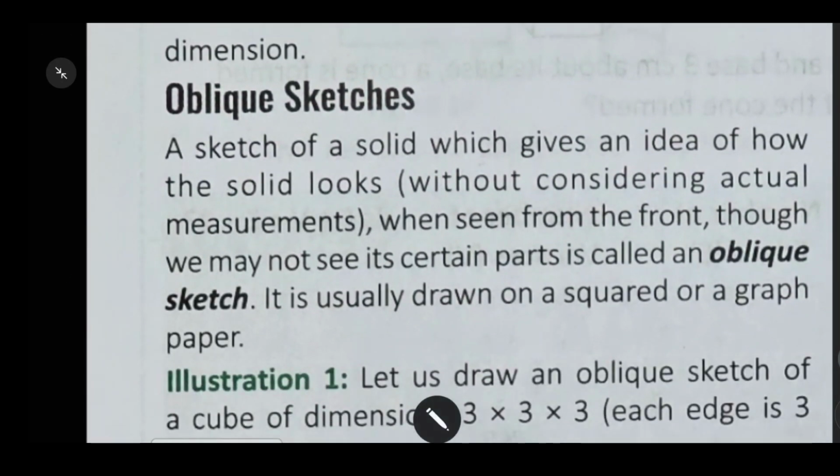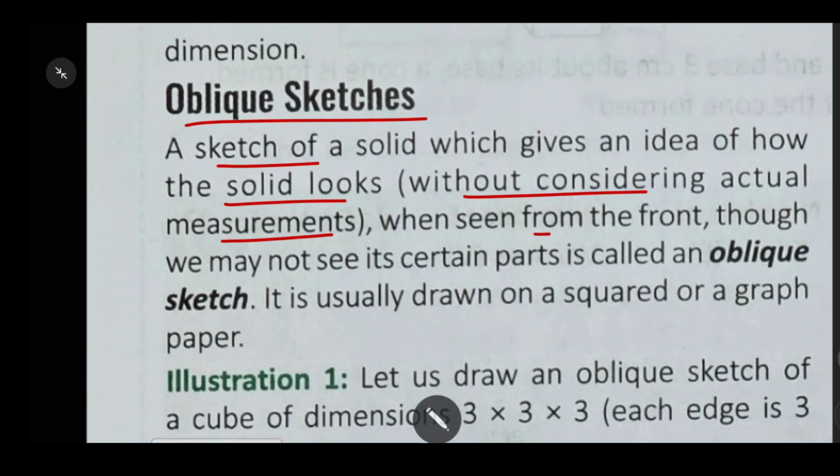Oblique sketches are sketches of solids which give an idea of how the solid looks. Basically, an oblique sketch tells us how the solid looks, without considering actual measurements. Without taking any kind of measurements, we can assume how the solid is going to look.